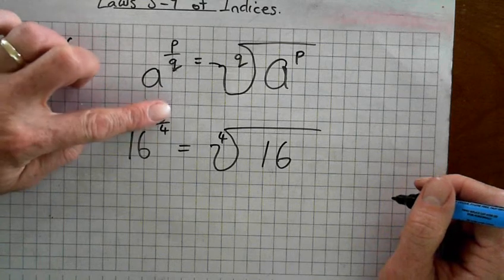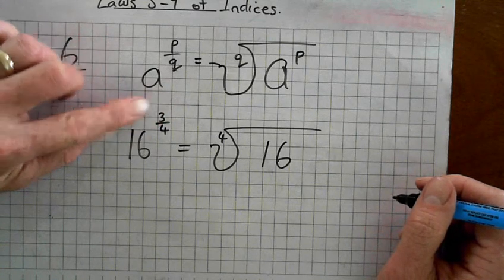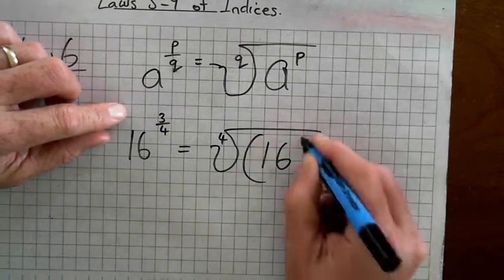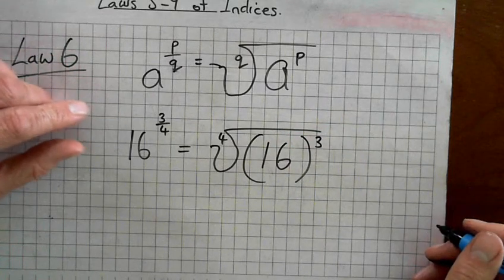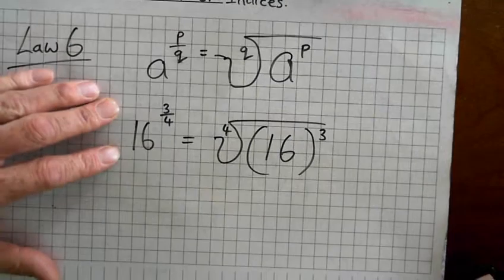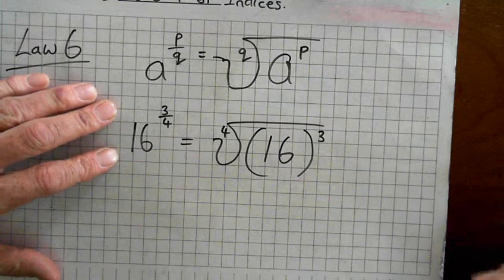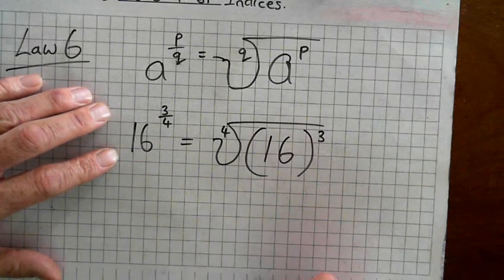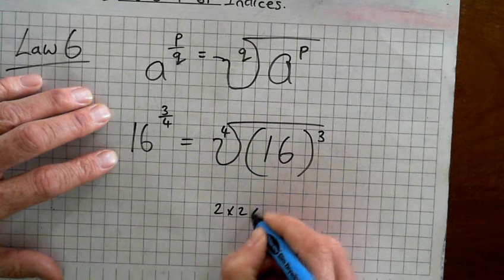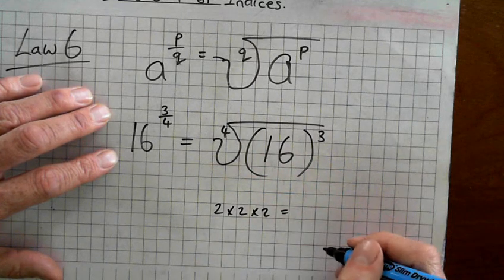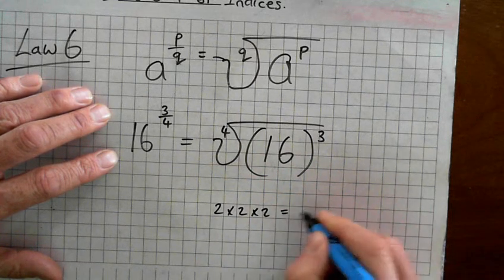But it's not a quarter, it's 3/4, so I put brackets and a 3. So what's the fourth root of 16 first of all? 2. And what's 2 by 2 by 2? 8. The answer is 8.